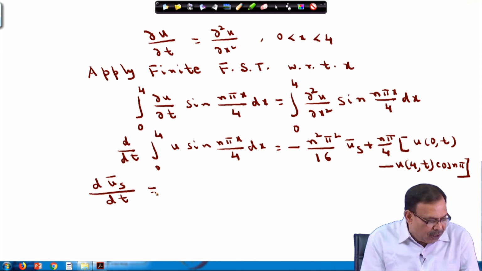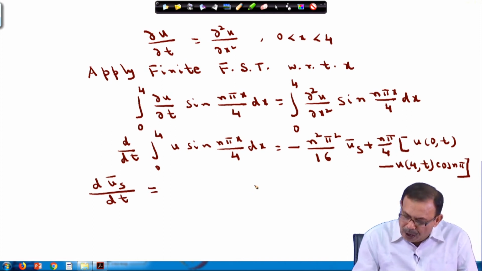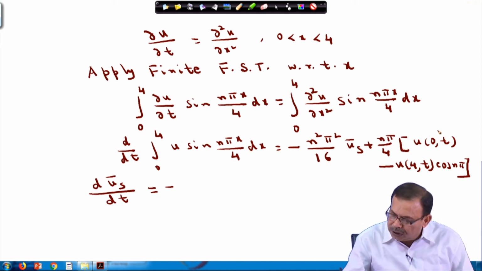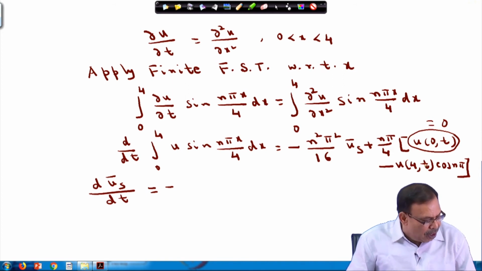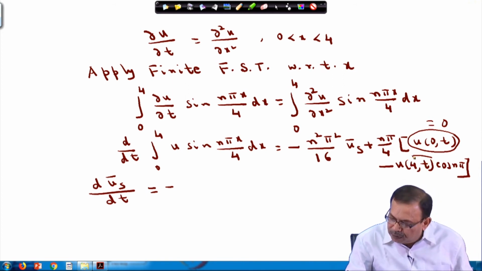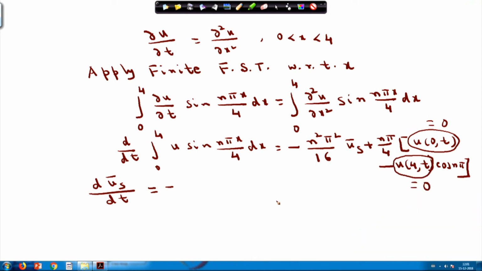This equals minus, and the values are given: u(0, t) is 0 from the condition, and u(4, t) is also equal to 0.